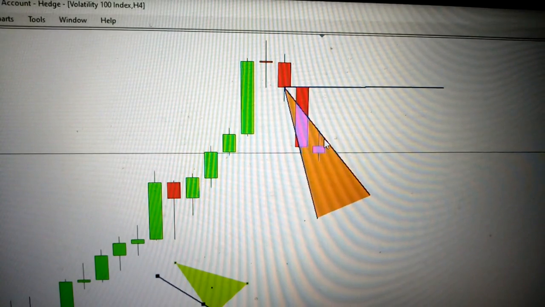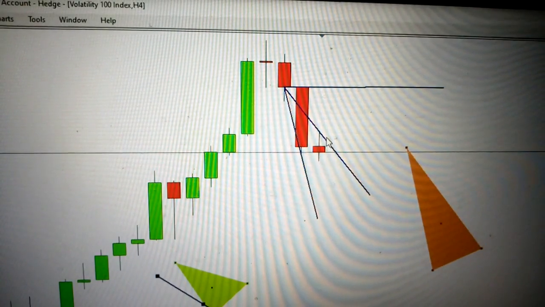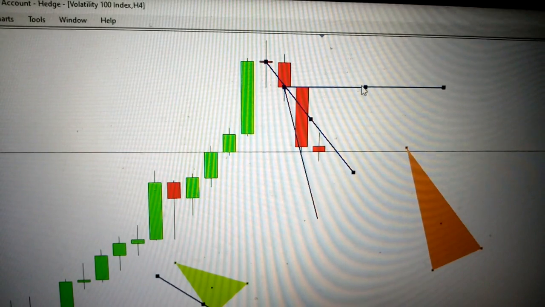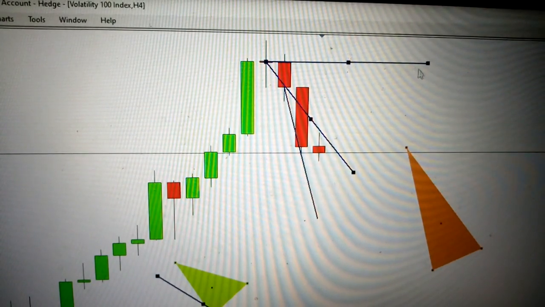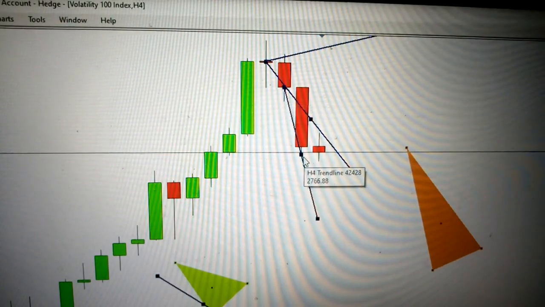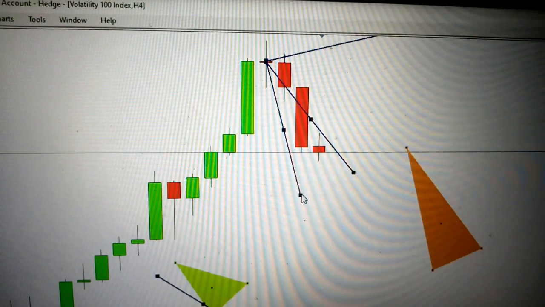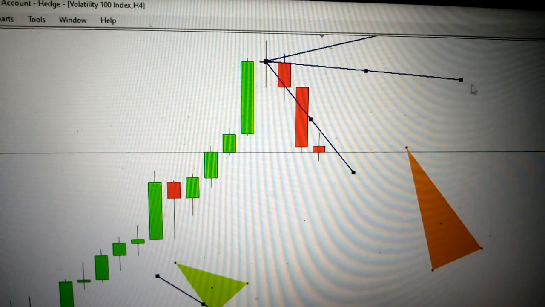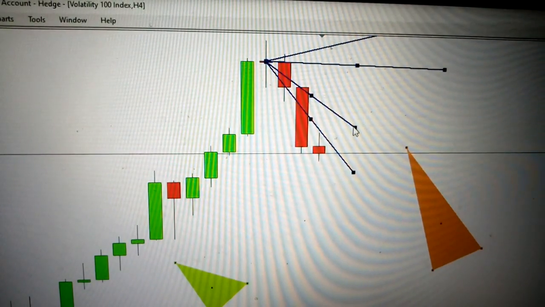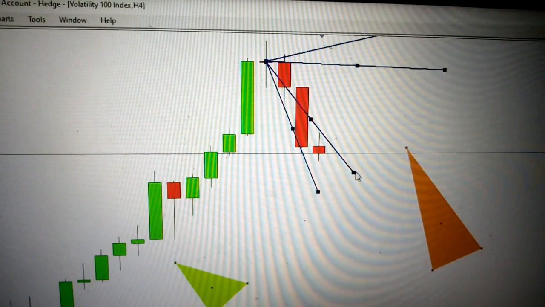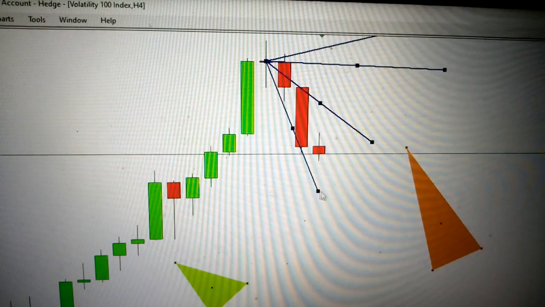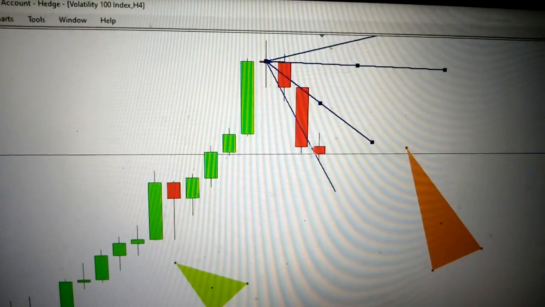But if we retrace the steps to this doji here, placing this here, and then placing this here to the high, and then we place this particular trend line here to the opening point of this candle, and then we also place this particular trend line here to the low of this candle for us to have something like this, which implies that this candle has not formed, but this is our current candle.